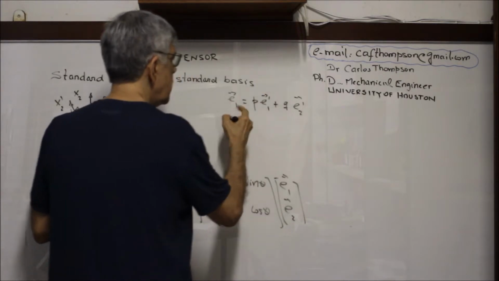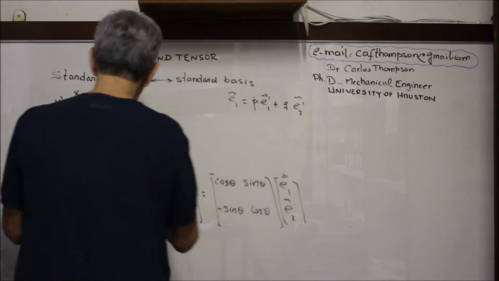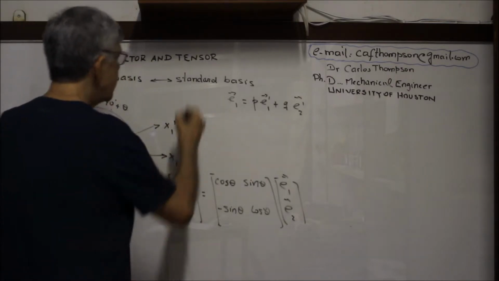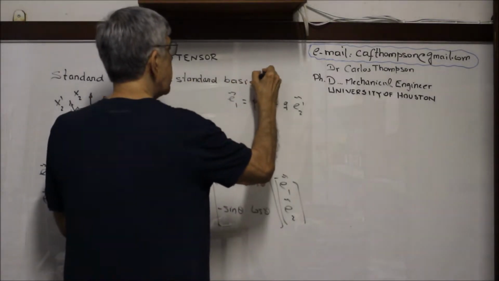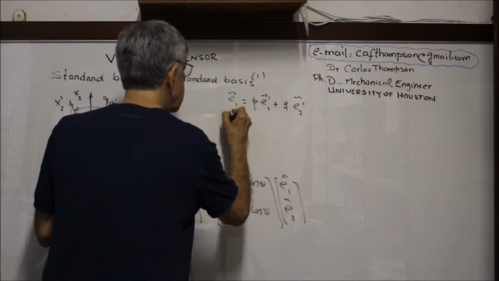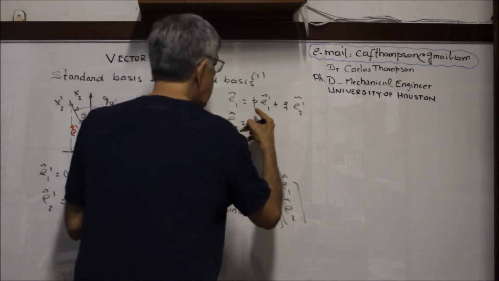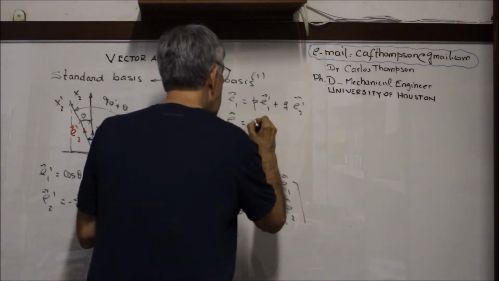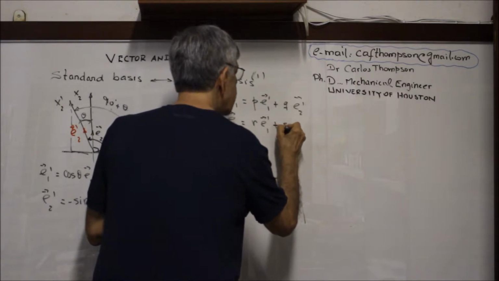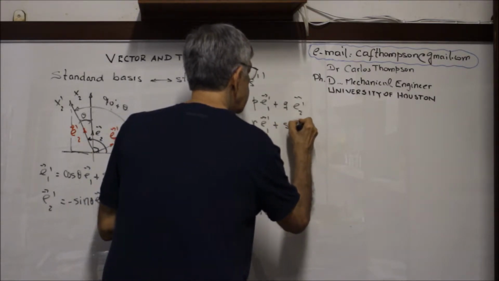There's a linear combination between these two unit vectors, so this is the basis. Let's call this the standard basis, prime. Now, E2 is equal to, let's call it, R E1 prime plus S E2 prime.